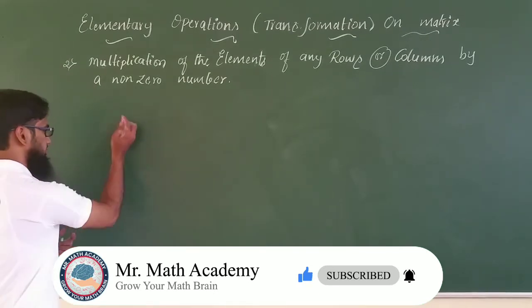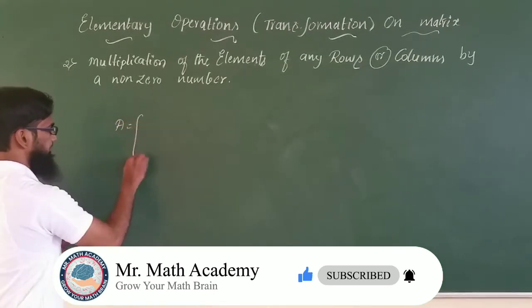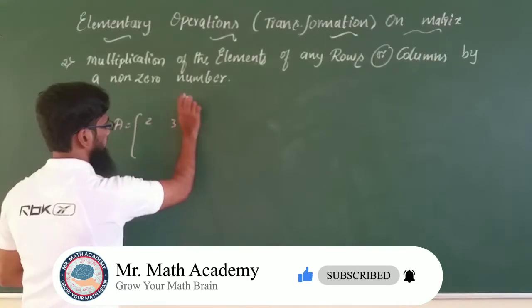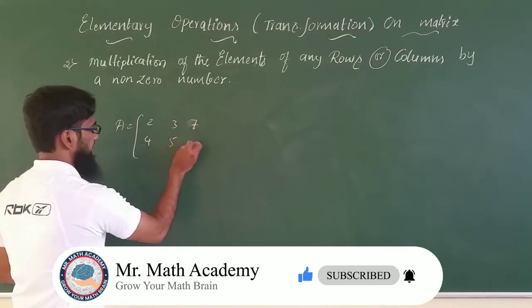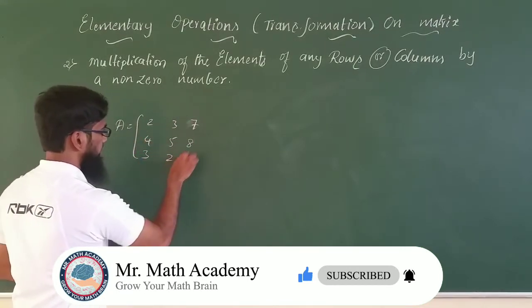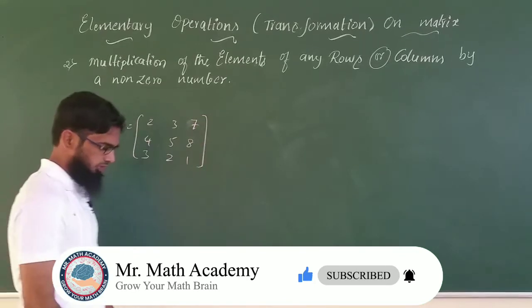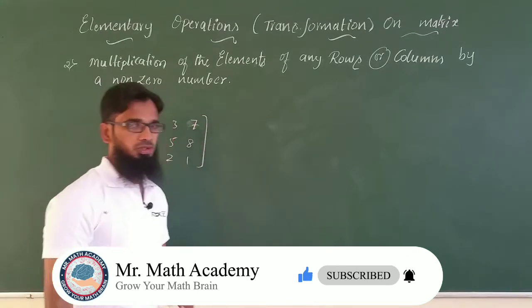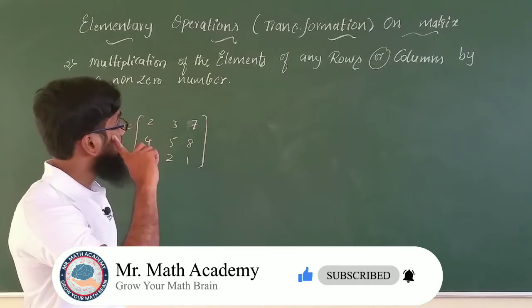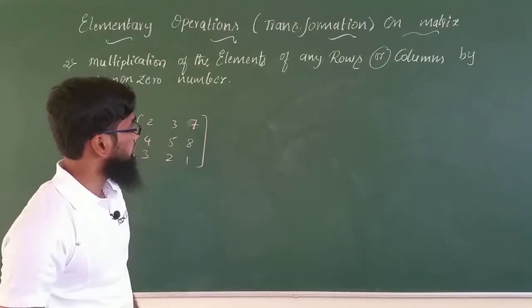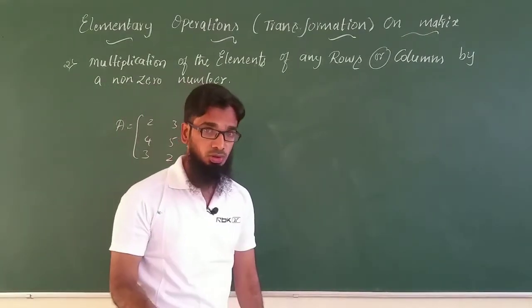If I take a matrix A equal to 2 3 7, 4 5 8, 3 2 1, something like this matrix A, which is of order 3 cross 3. According to this operation, multiplication of the elements of any row or column by a non-zero number.